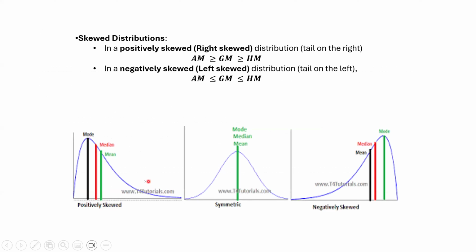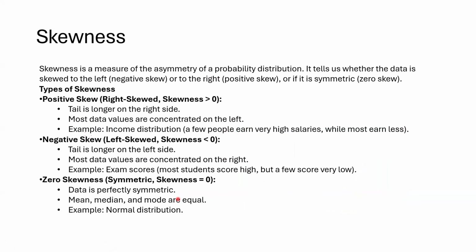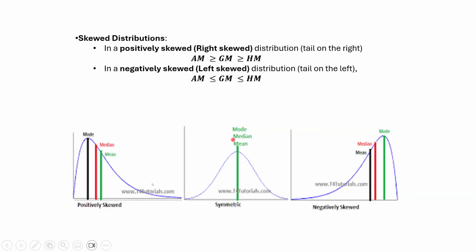Can you see this part here? The tail is longer here in a positively skewed distribution, and most data values are concentrated on the left side. If you see the graph, the major part of it is on the left side. That's how you identify a positively skewed distribution.